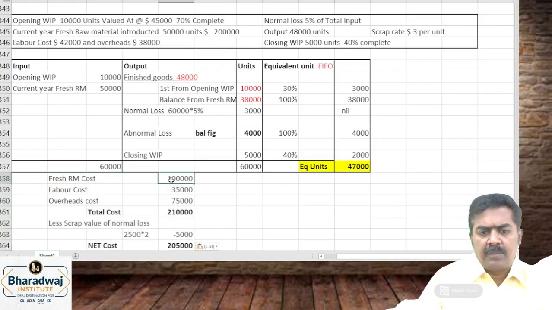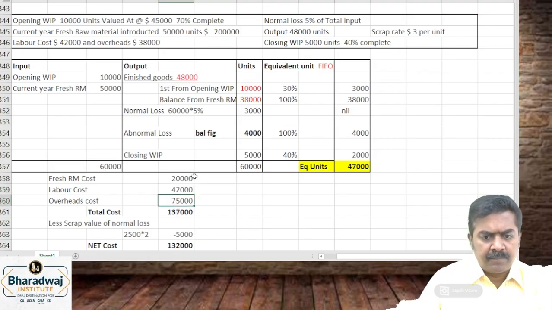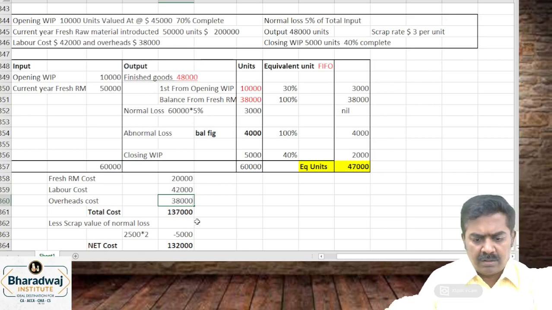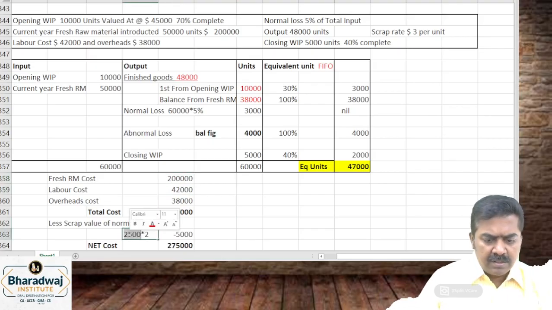Fresh raw material cost, how much? $2 lakhs. Labor cost, $42,000. Overhead, $38,000. Total, 2,80,000. Scrap rate of normal loss, 3,000 into 3, $9,000.